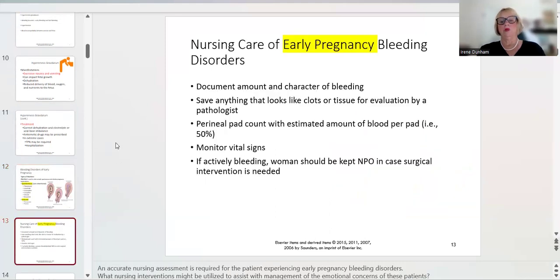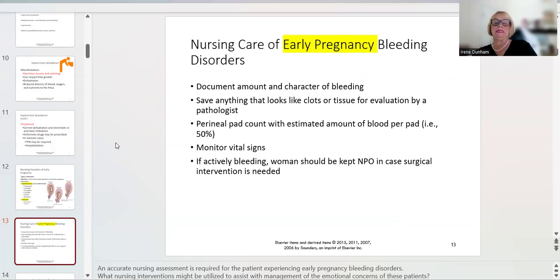Now, early pregnancy bleeding. Again, she comes in and she may be a threatened AB. Guys, you always want to describe and chart the amount and character of the bleeding. Do you have clots? Did the specimen look like tissue? I've had women come in with a little jar with the tissue in it, and we send that off to pathology.